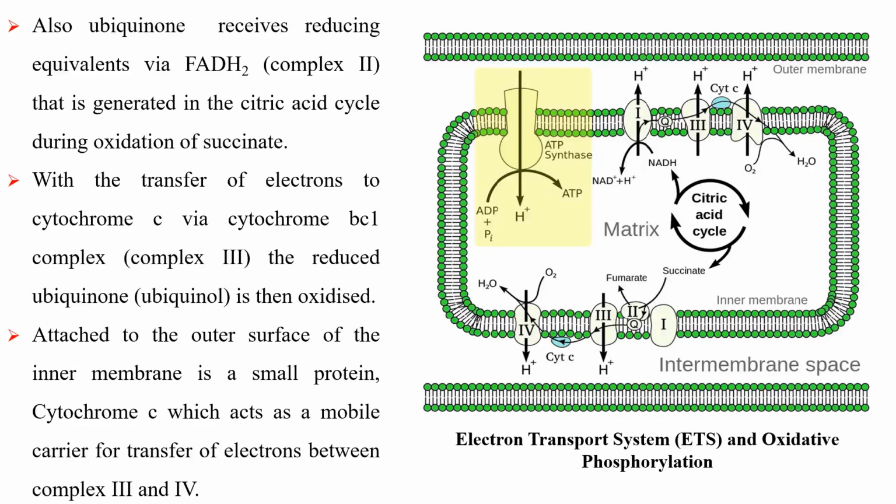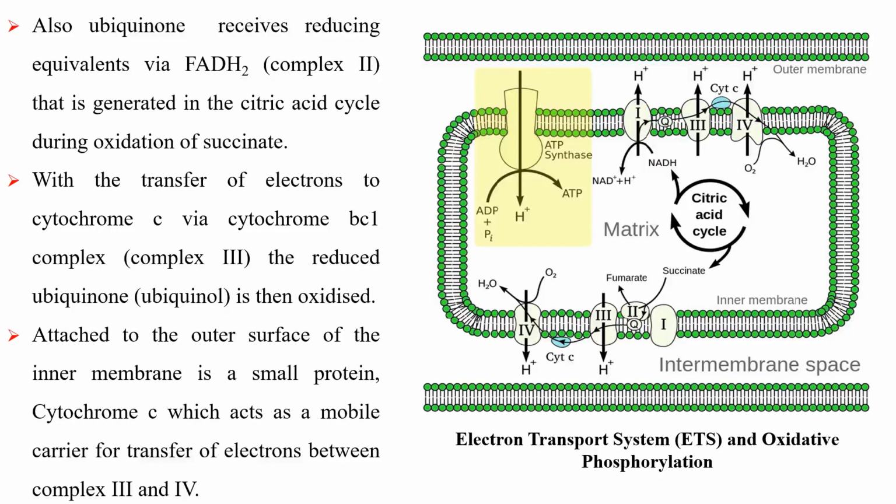Also, ubiquinone receives reducing equivalents via FADH2 that is generated in the citric acid cycle during oxidation of succinate. The reduced ubiquinone is then oxidized, with the transfer of electrons to cytochrome c via the cytochrome bc1 complex.